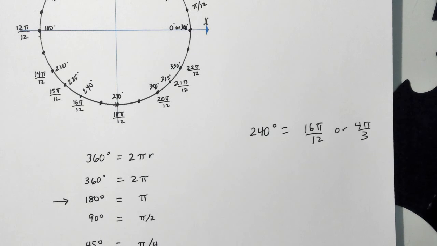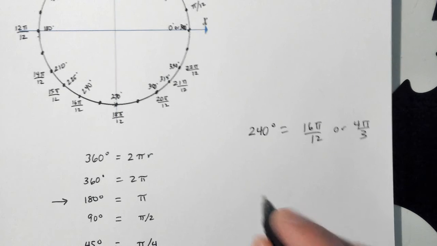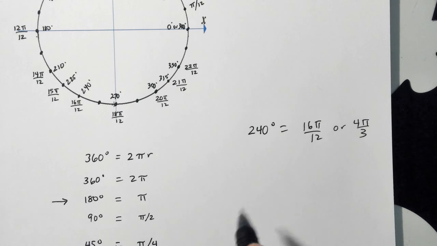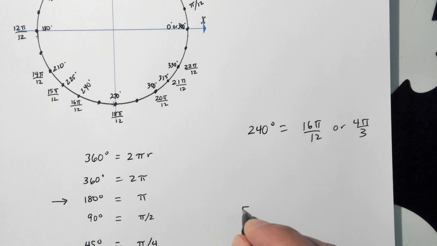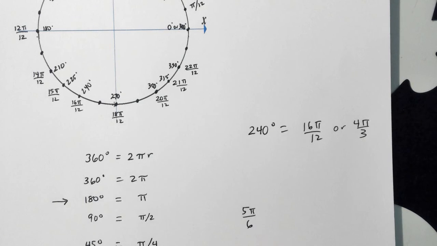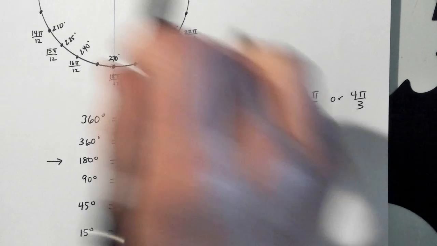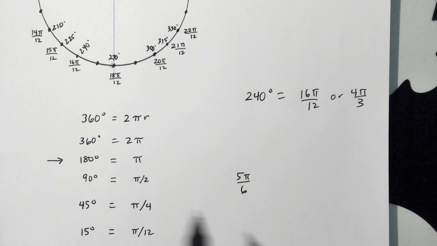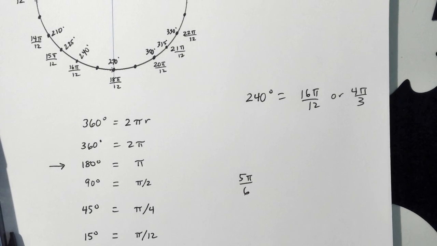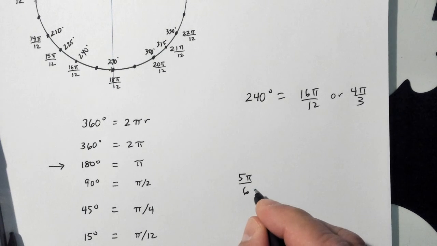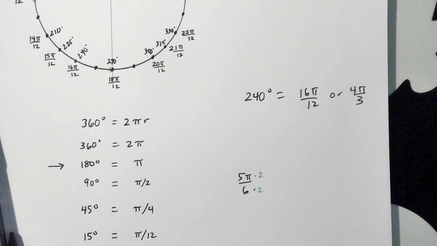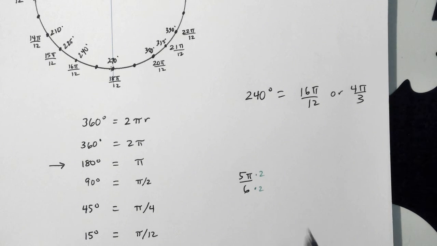And then there's problems where you go backwards, where we give you the radian. This might take you 2 seconds. Like if we tell you 5 pi over 6. Well, unfortunately, we didn't count in 6. We counted in 12. So what you're going to do is make this into a 12. How do you do that? Multiply by 2. Multiply by 2. That is the proper way to show work. By the way, in pre-calculus, you better show some work, right?